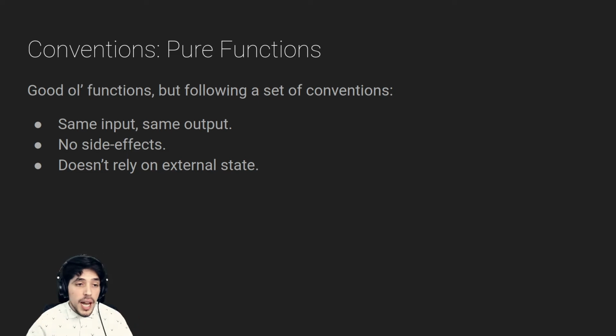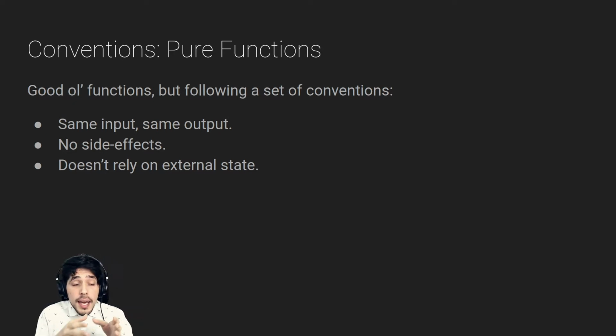So these conventions are, first, that given the same input, we provide the same output. Let's say that we have a function that takes a number and we return that same number plus 1. For example, if we provide a 2, that function returns a 3.